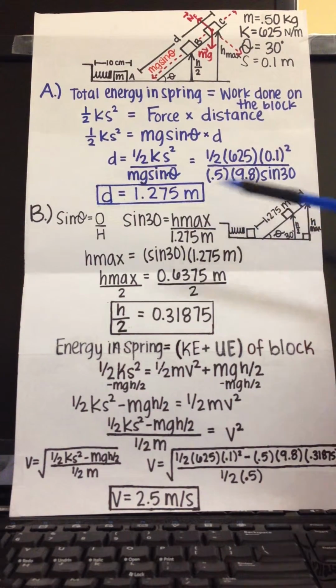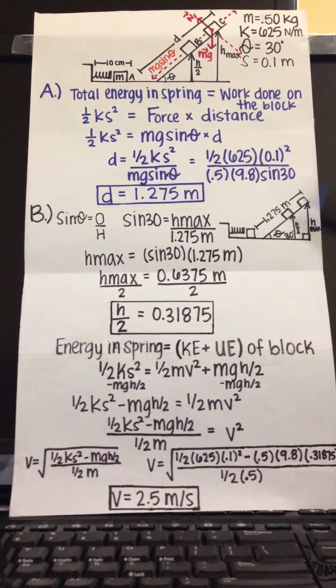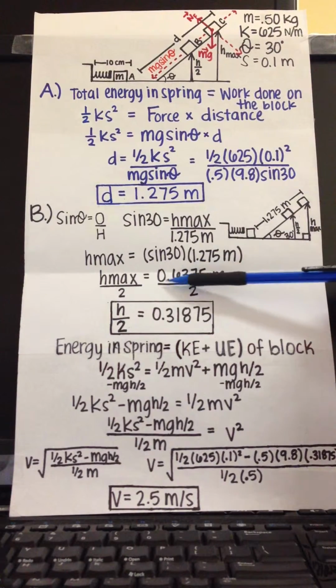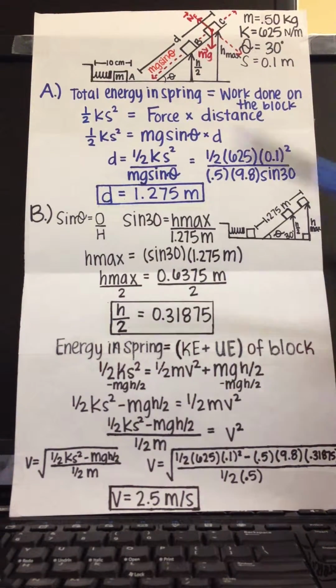Then you solve for h max, and you get that the maximum height that the block traveled to was 0.6375 meters.